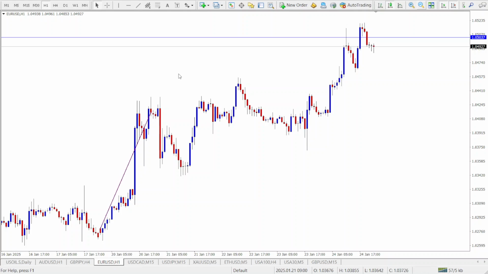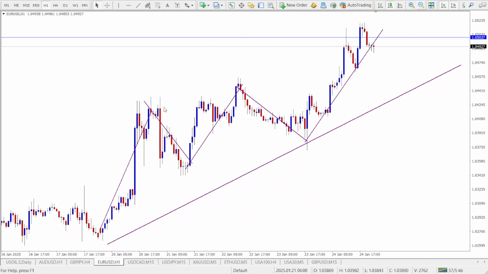So let's say we have wave 1, wave 2, wave 3, wave 4, and wave 5. The running flat pattern is usually found in the corrective wave. So this is an impulse wave, this is a corrective wave, this is an impulse wave, a corrective wave, an impulse wave. The impulse waves are the waves that are in the direction of the trend, while the corrective waves are the waves that are against the trend.